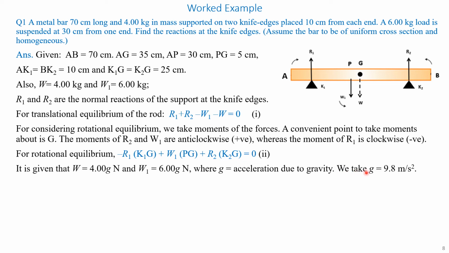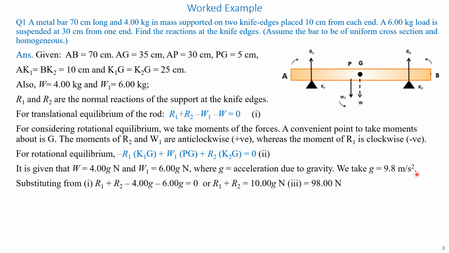Assume the value of g to be 9.8 meters per second squared. Substituting the values of W and W1, we get R1 plus R2 minus 4g minus 6g equals 0.